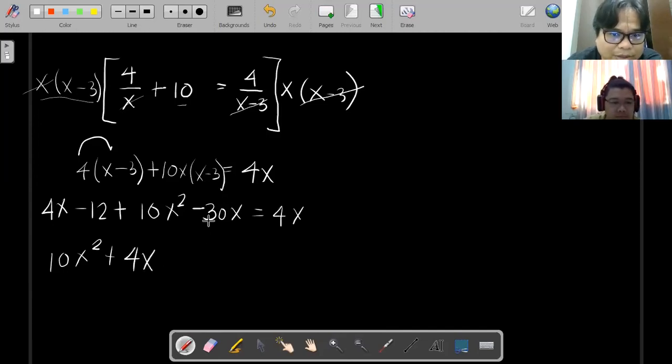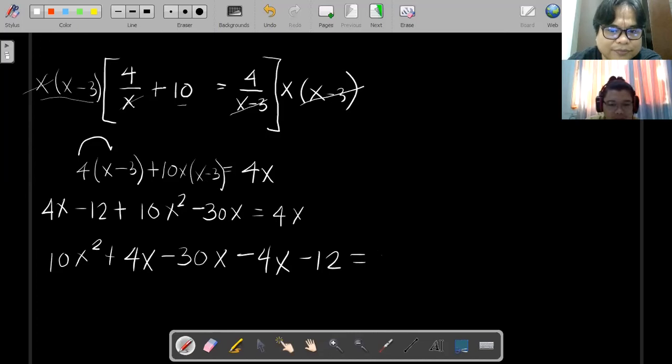You have the minus 30x here, so minus 30x. And the other 4x from the other side becomes minus 4x. And then minus 12. So there are 5 terms: 1, 2, 3, 4, 5. And then combine like terms now.